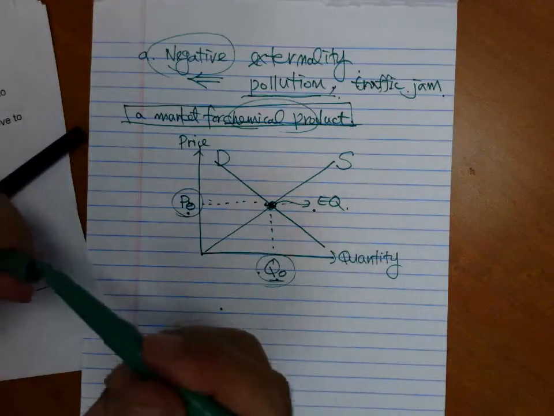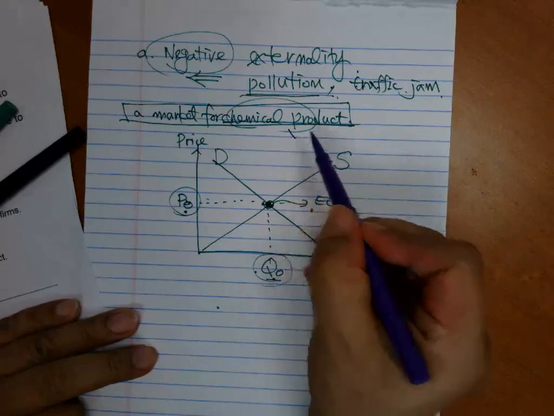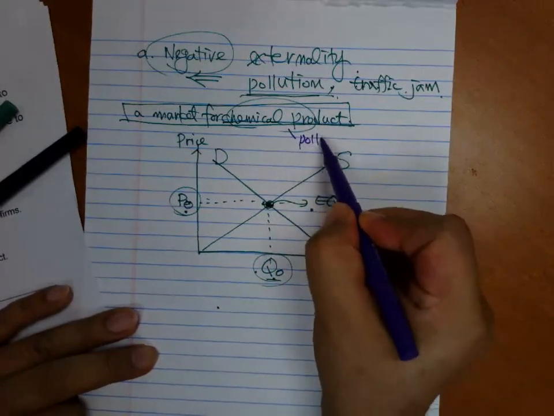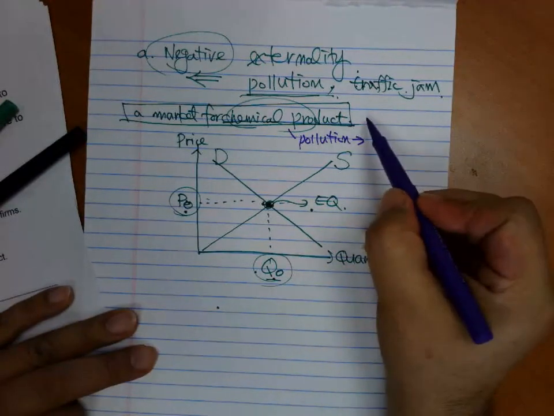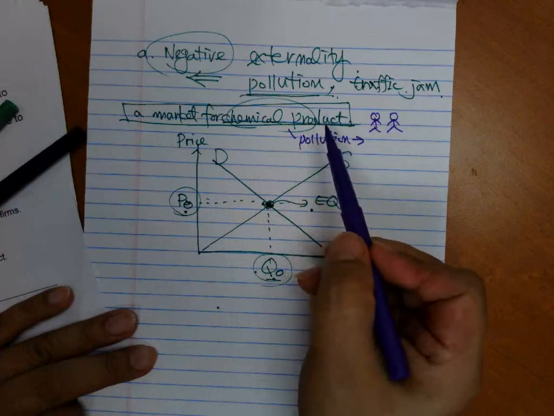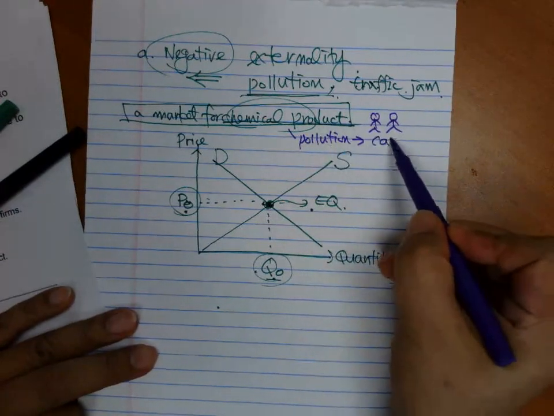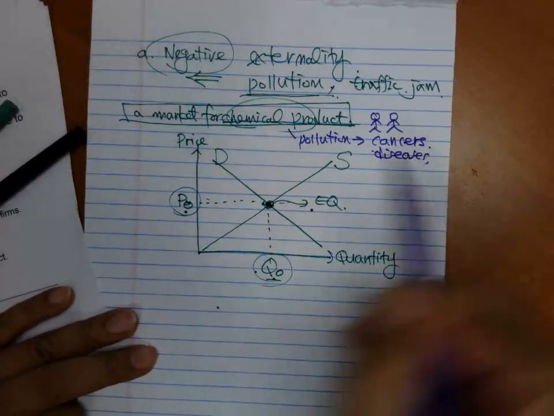Because of this pollution, people nearby this chemical products factory may have cancers and other diseases. Then these neighbors have to pay to treat this disease. So there is a cost.